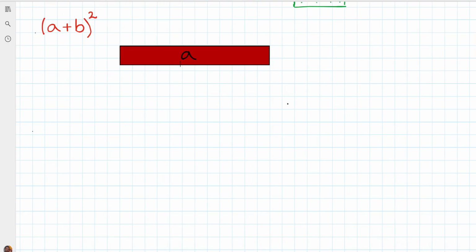This one is going to be B. So the beautiful blue is going to be B. And what I'm doing here is just A plus B. Do you agree with me? So this one is B, and what I have created here is what we call A plus B. Now I need the same ones on the other side to create the square.